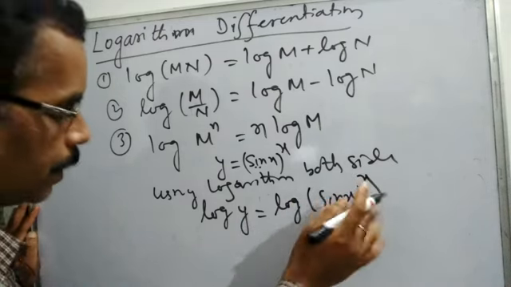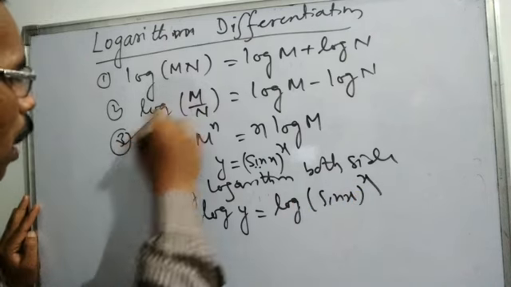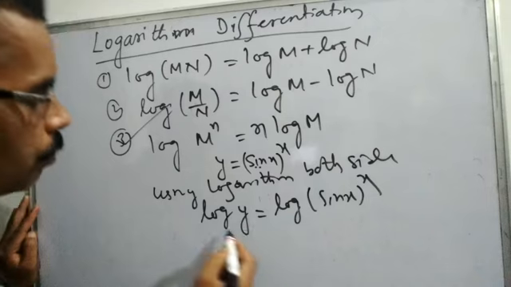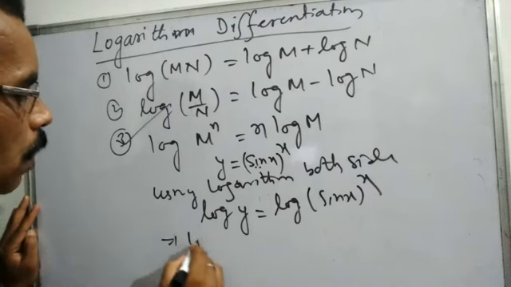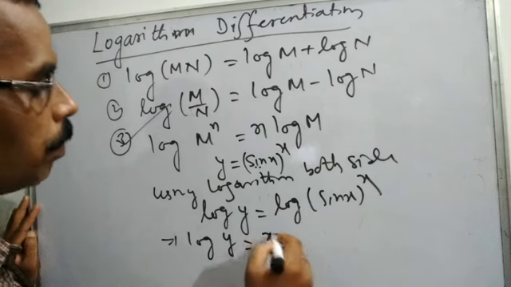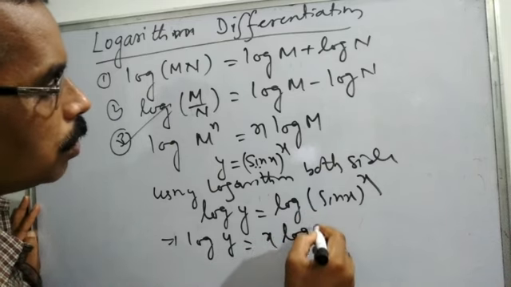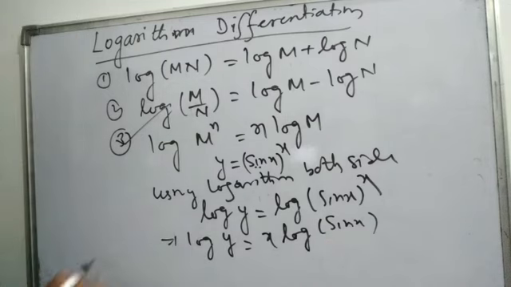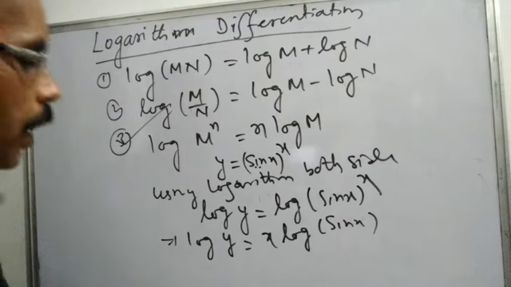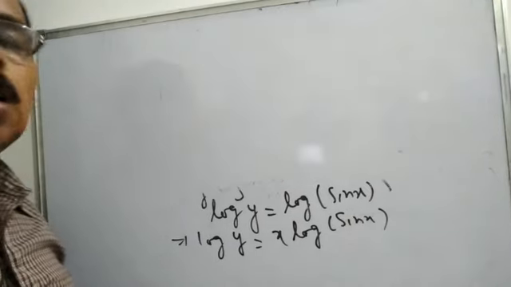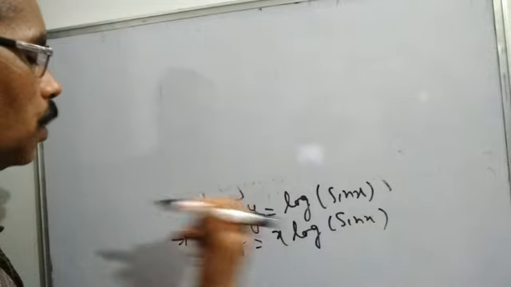In this case, using the third formula of logarithm, the exponential form, log y is equal to x comes first, x log sin x. Now this is an implicit function, so you can find this derivative easily.